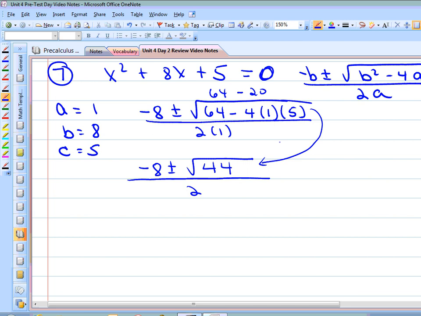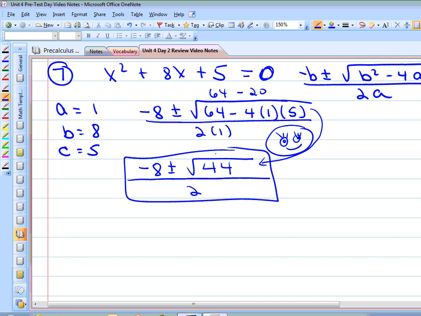Be really, really careful. Keep your eyes, Bearcats, wide open. All right, let's keep going. Now, this will get you most of your points right here, this answer right here. I want to see, though, that you can simplify the radical to get your full points.